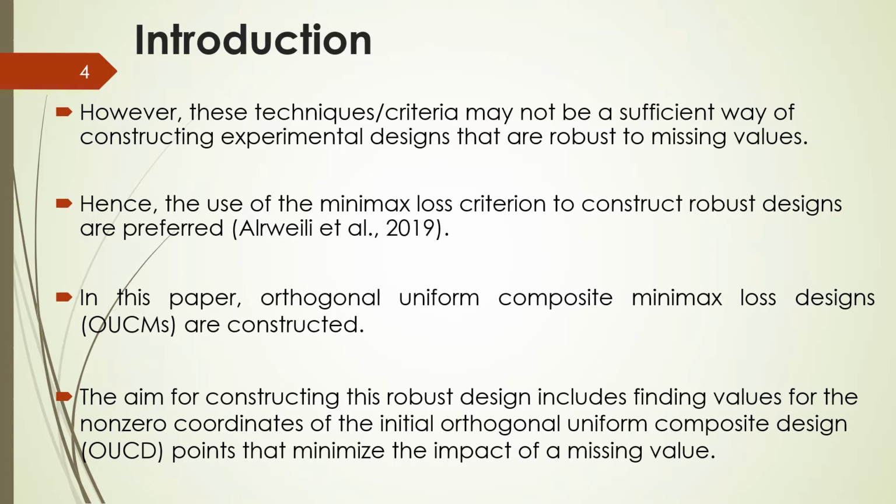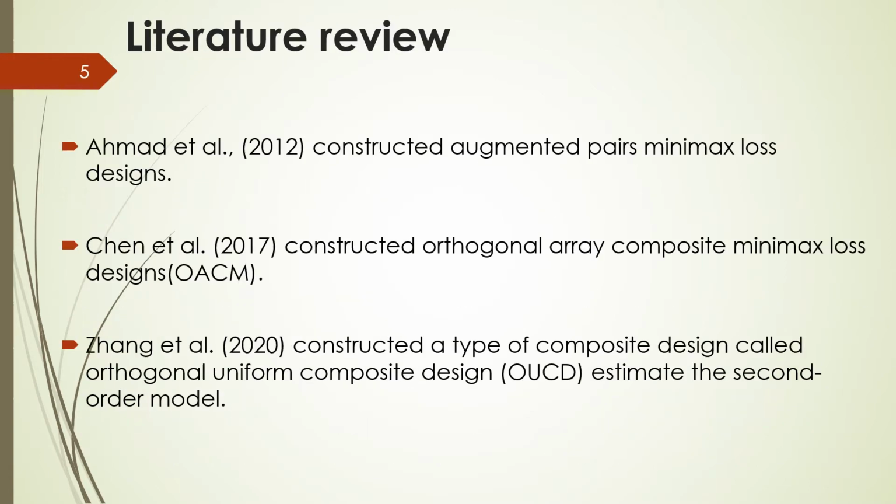So in this paper, we shall adopt the Minimax Loss criteria to construct a robust orthogonal uniform composite design, and this new design shall be called orthogonal uniform composite minimax loss design, that is OUCM. The aim for constructing the OUCM includes finding values of the known zero coordinates of the initial orthogonal uniform composite design points that minimize the impact of the missing value.